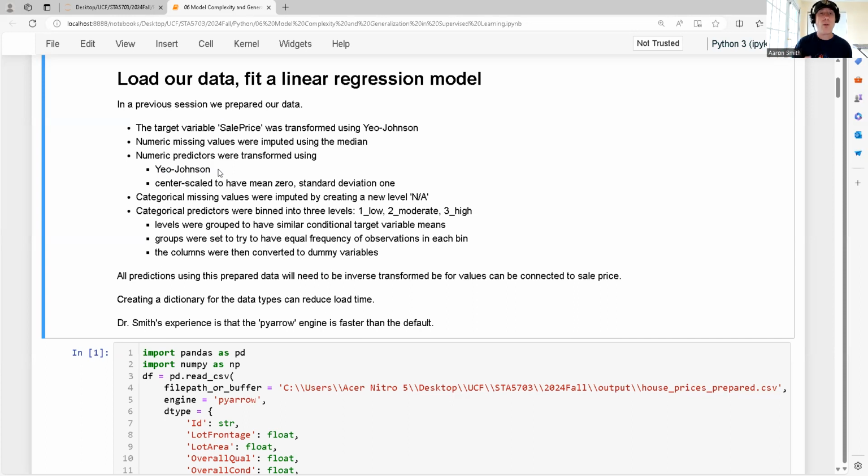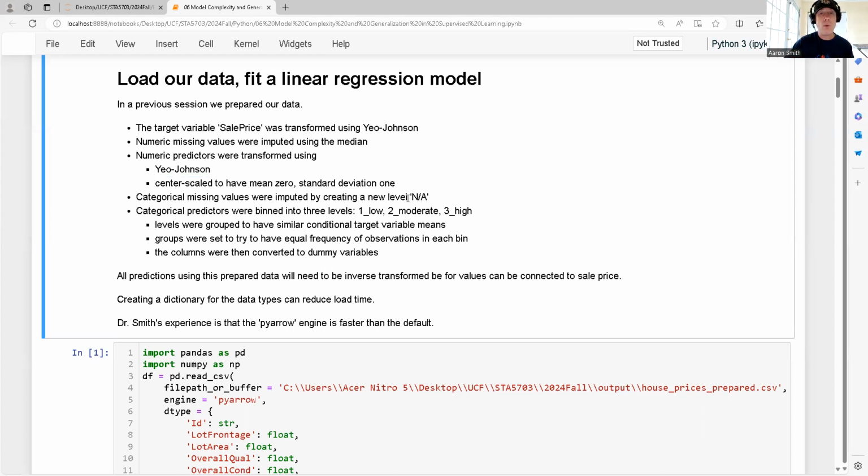And then we centered and scaled to have mean 0, standard deviation 1. This is for regression. This will not actually improve the accuracy of your model, but this will improve the performance on other models, such as support vector machines, k-nearest neighbors. We want to have, especially, that rescaling of the standard deviation.